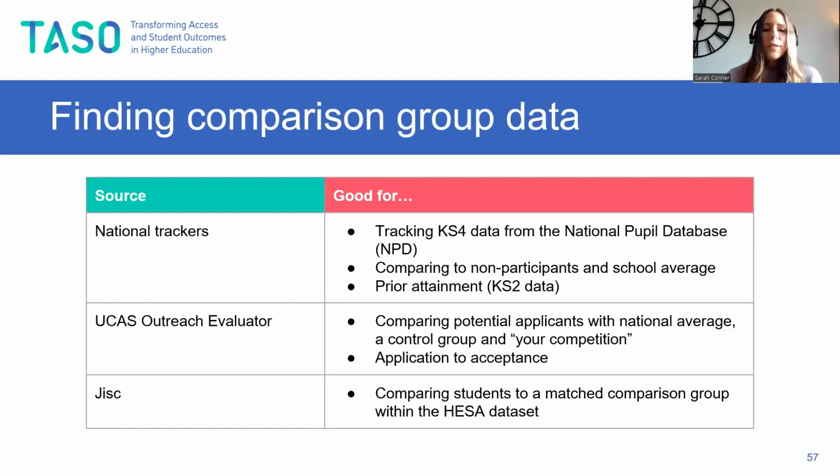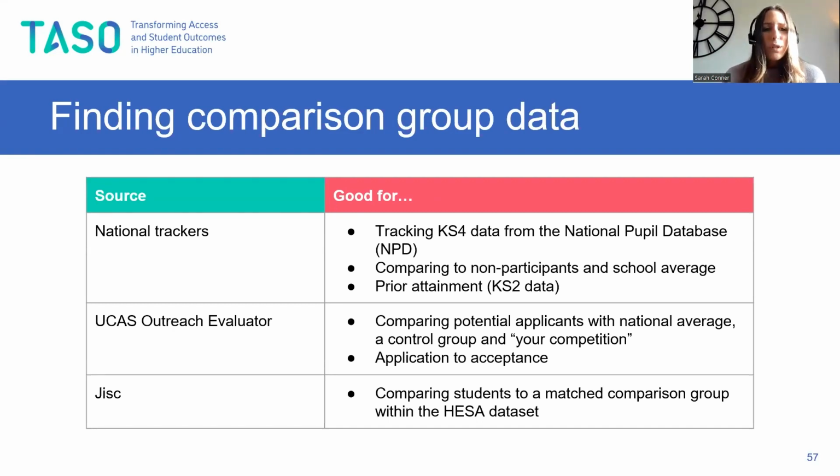I know from HEAT, for example, from attending a webinar yesterday on their Key Stage 4 attainment database, they track Key Stage 4 data for your students from the National Pupil Database, and then they can facilitate the creation of a comparison group for you. So that's comparing to students that didn't take part in your intervention, comparing against your school average or your local authority average, and also using prior attainment as well. So you can track what they got in Key Stage 2 and Key Stage 3, for example.